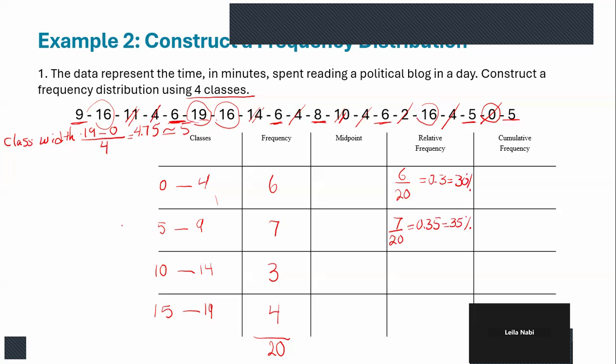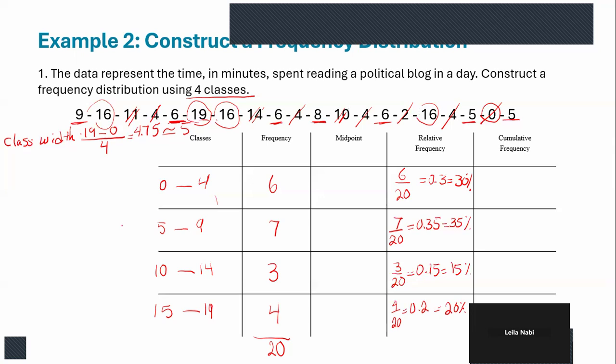The next one, 3 divided by 20, which is 0.15, multiplied by 100, gives me 15%. And the last one, 4 divided by 20, which is 0.2. And then if I multiply by 100, it gives me 20%.